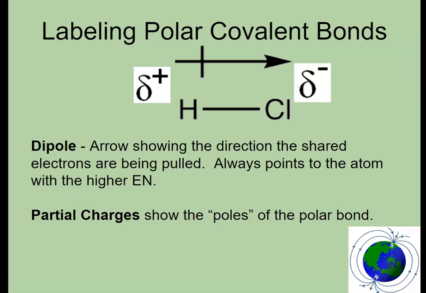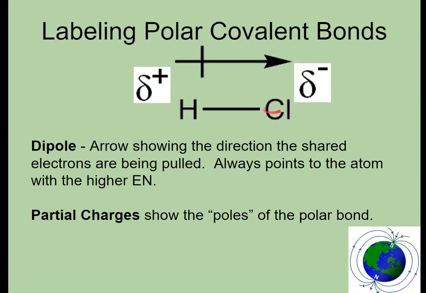It points in the direction of the higher electronegativity. Like I said, I think chlorine is either 3 or 3.5. Hydrogen is 2.1. And so chlorine is pulling harder on the electrons, so the arrow is pointing towards the chlorine here. Let me check: yes, 3.0 for chlorine and 2.1 for hydrogen.